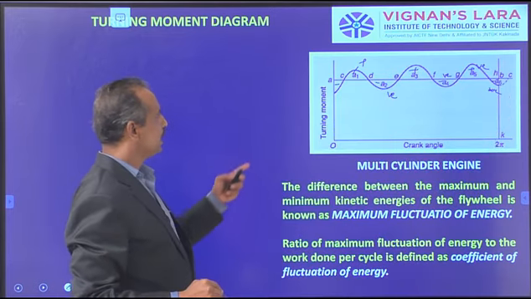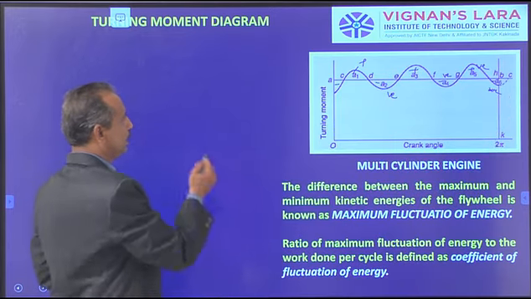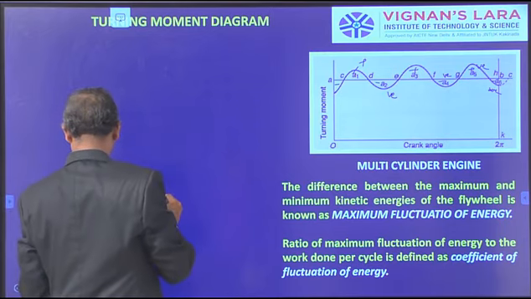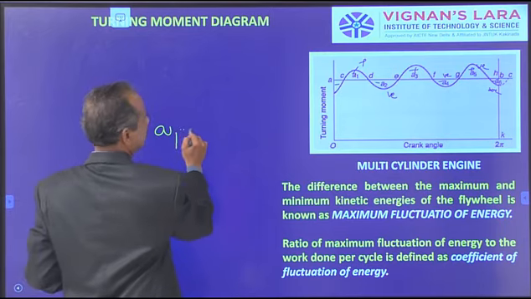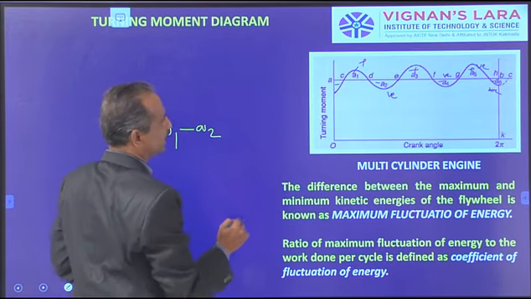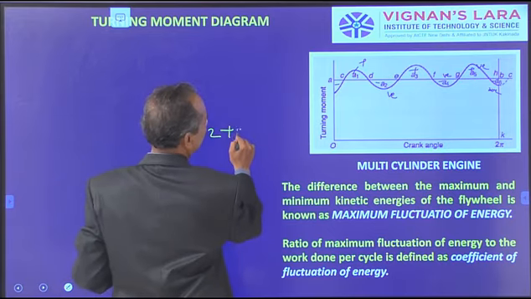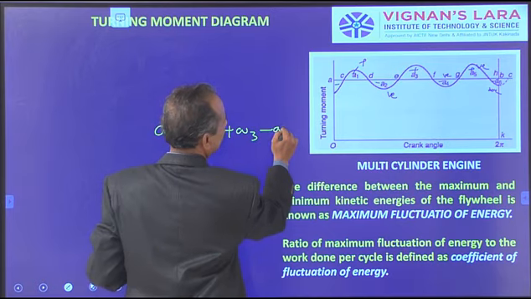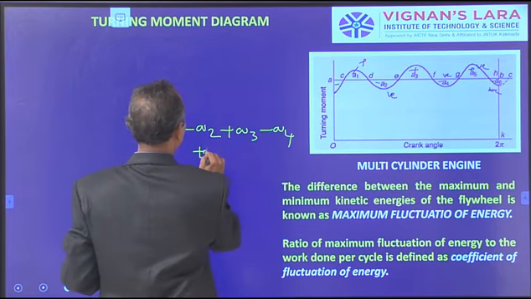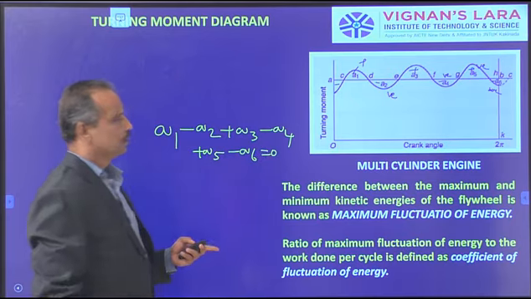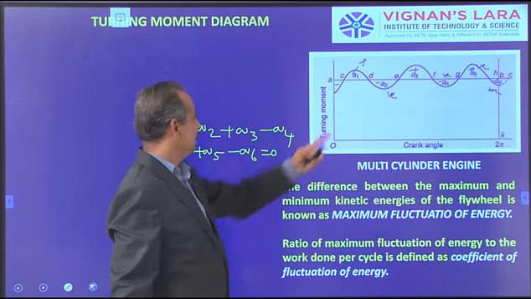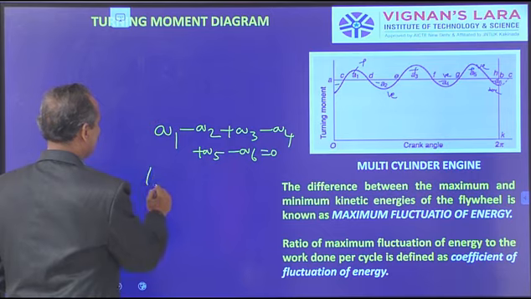So the areas A1, plus A2 is minus, then A3, A4, then A5, minus A6 is 0. So there is a mean energy, E if I write.